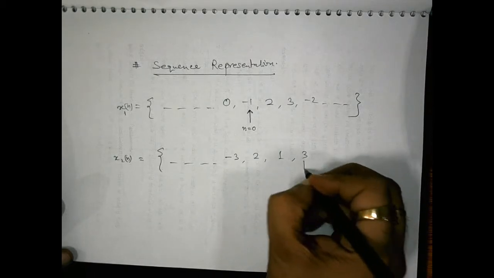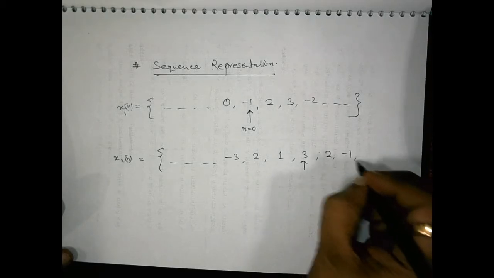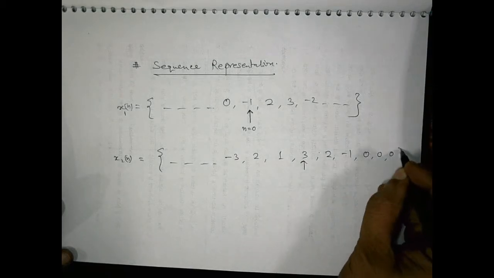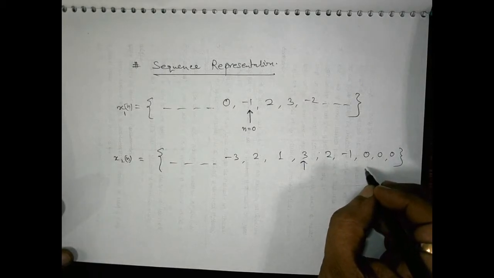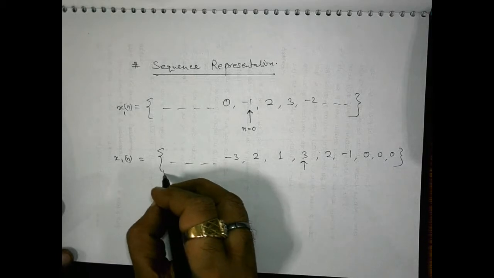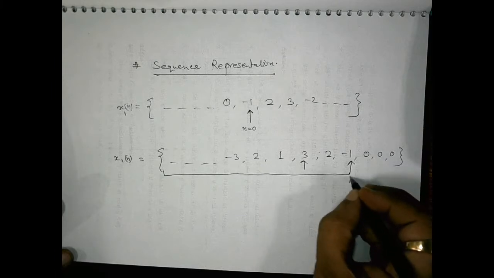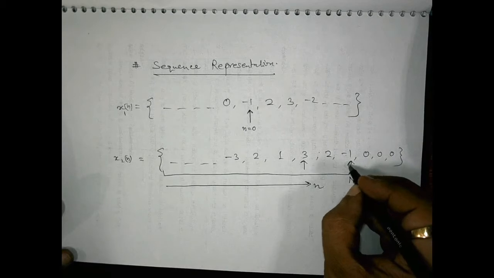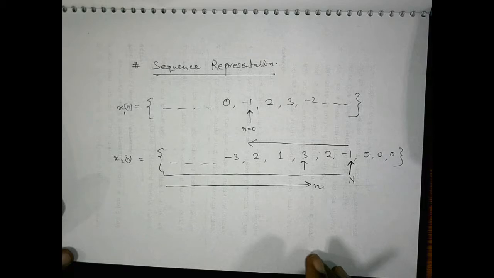This is the origin, you can say, and this is 2, -1, and then the rest of the signal, which is at the right side of this, is 0. This kind of signal is called a left sided signal, because the signal value exists only at the left hand side of a certain capital N. This axis represents the general N, and before this particular value we find some signal strength, and after this we don't find any signal strength. Our signal strength is 0.